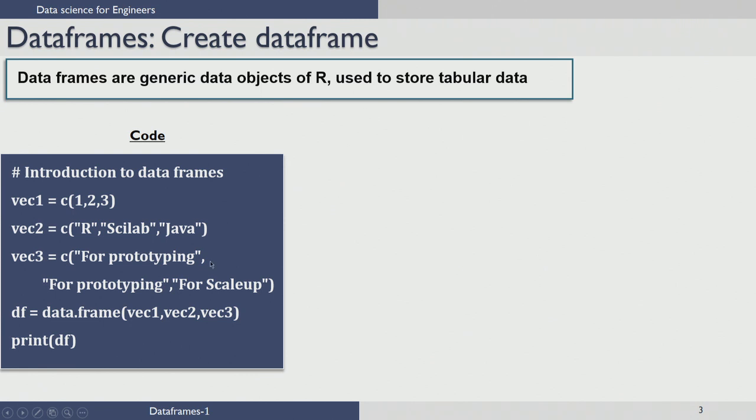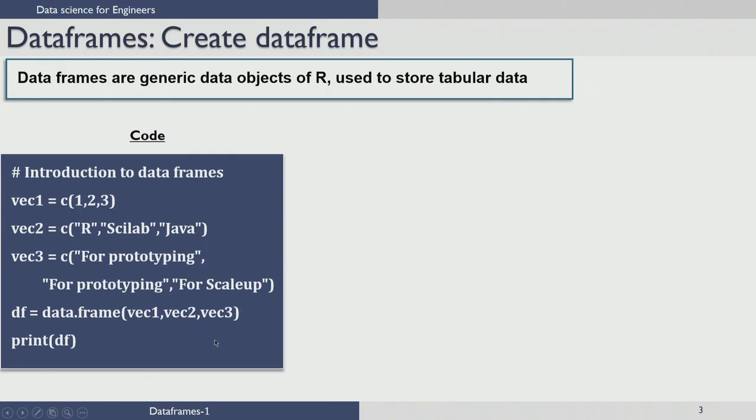The third command creates another character vector with entries for prototyping and for scale up. The way you create the data frame is to use the data.frame command and pass each of the elements you have created as arguments to the function data.frame. This command will create a data frame df.